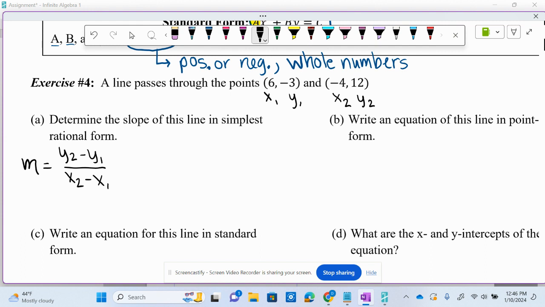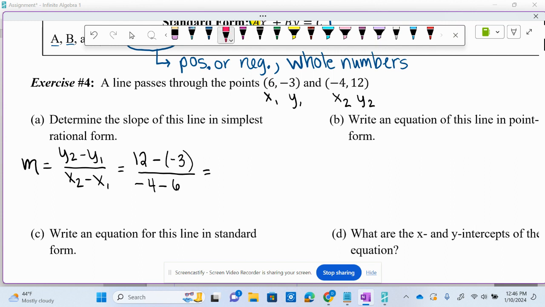If you like using the table of values method compared to this, you go right ahead and do that, okay? So my y sub 2 value is 12 minus my y sub 1 value, which is -3, over x sub 2, which is -4, minus x sub 1, which is 6.